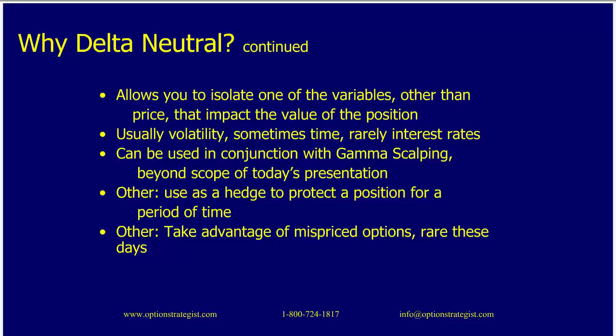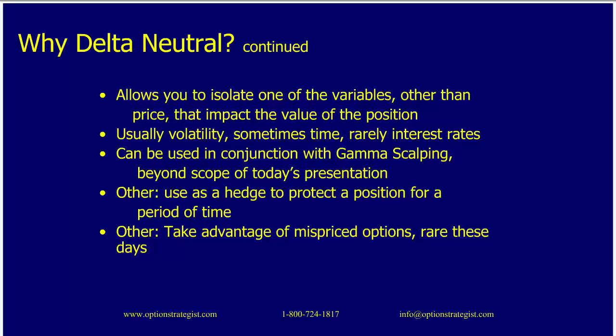All right, here's the concept of delta neutral. Time is very predictable, right? If there's 30 days to go to expiration today, we know how many days there are tomorrow. And we know how many days there are the next day. So we could very easily predict time to expiration. Now, if we could take price out of the equation, or at least to a large degree, we're really only left with volatility.